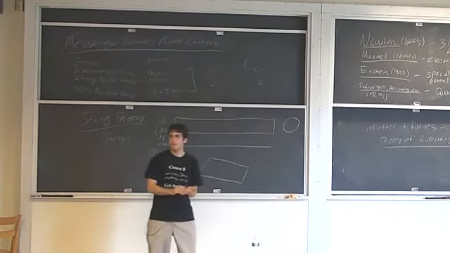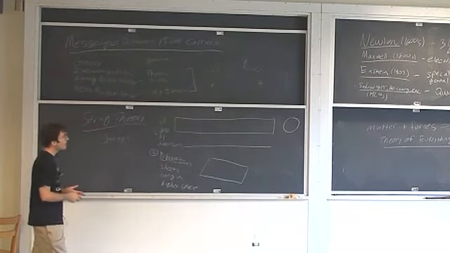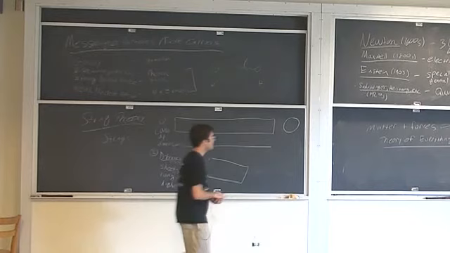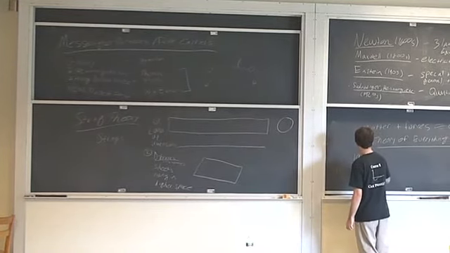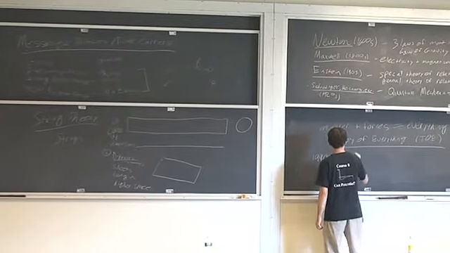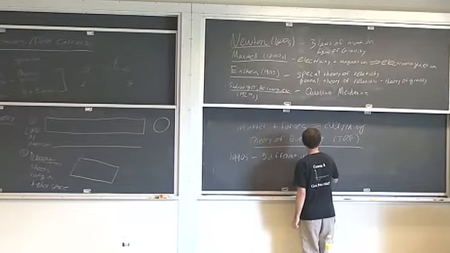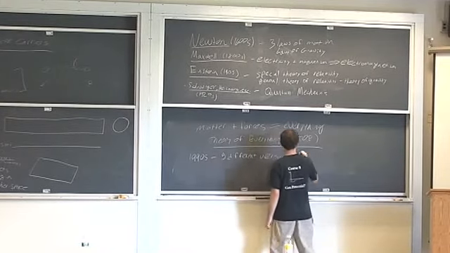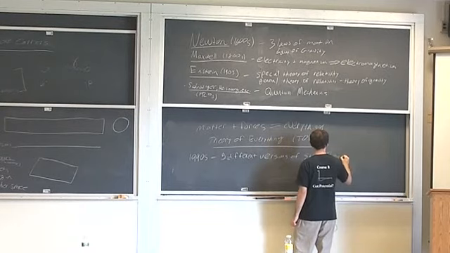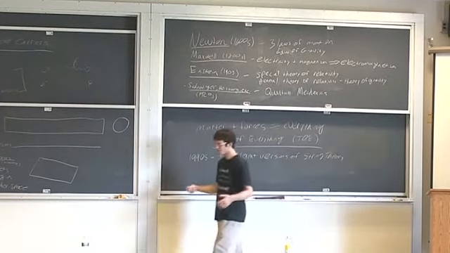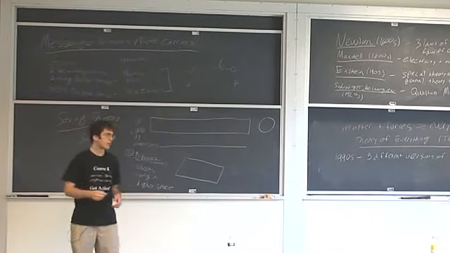So by the mid-1990s, people had essentially discovered 5 different versions of string theory. There were all types of string theory, but they looked like they were fundamentally different from each other.